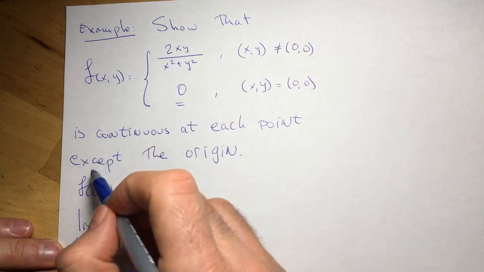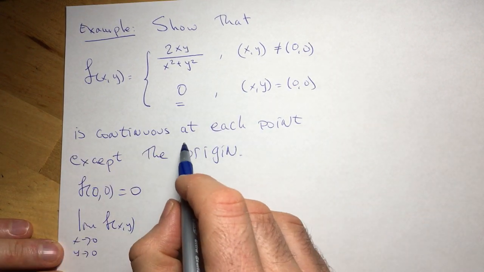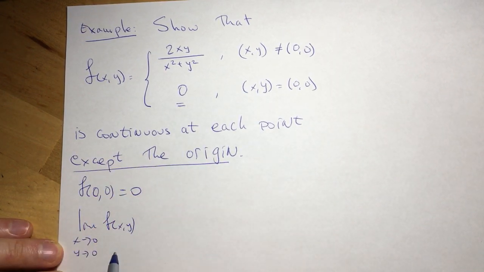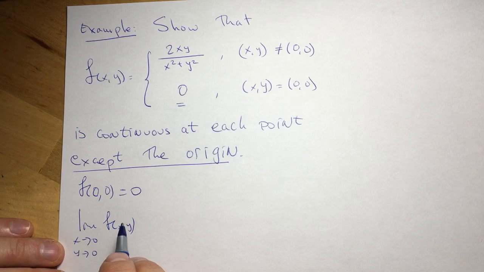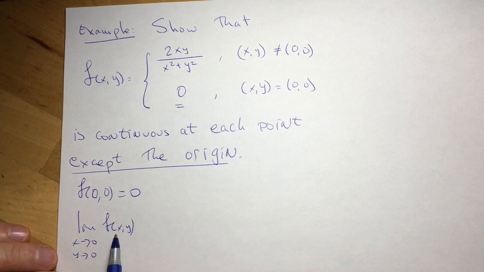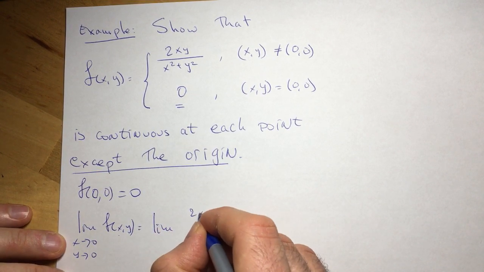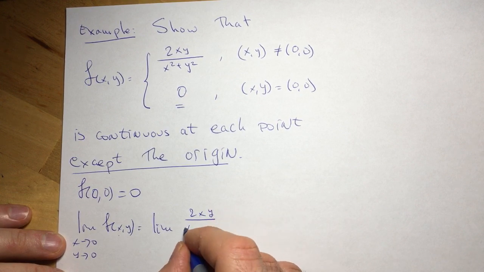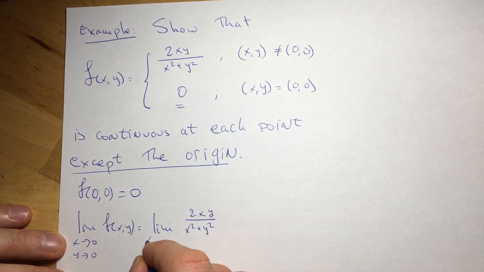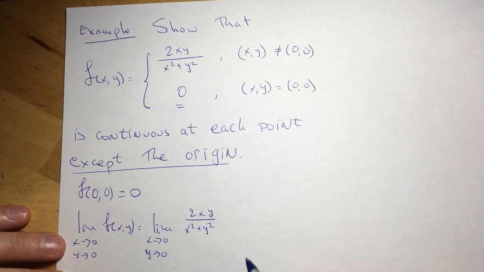But there is a hint in the question that it's not continuous at the origin. So basically, we have to fail somewhere. Either this limit does not exist, or if the limit exists, then it's not equal to 0. So let's say this is the limit of 2xy over x squared plus y squared as x goes to 0 and y goes to 0, okay?